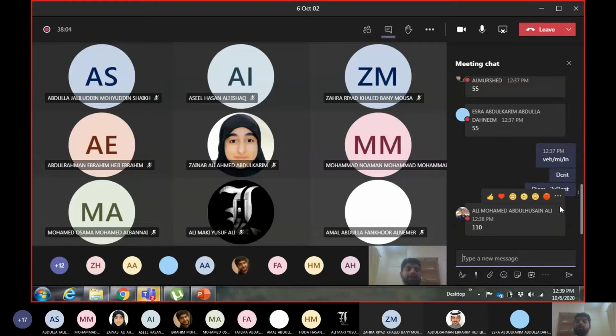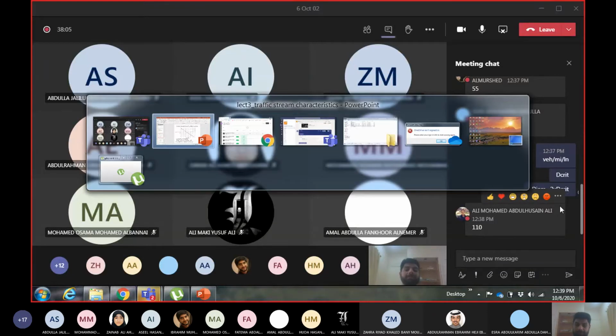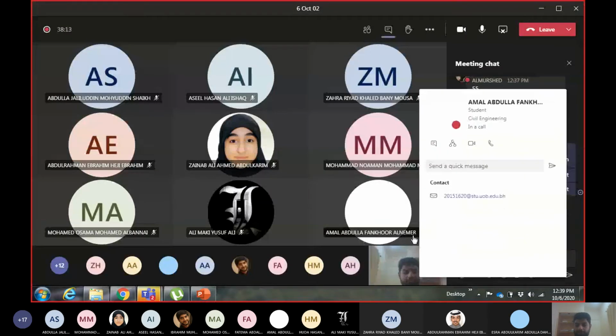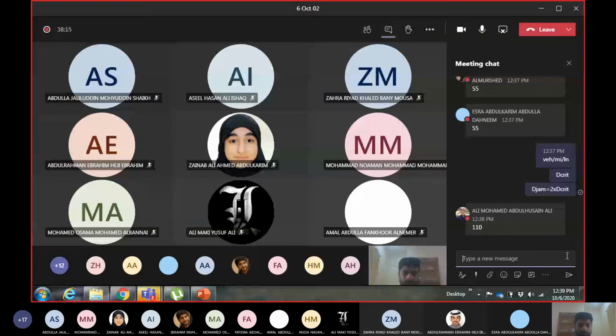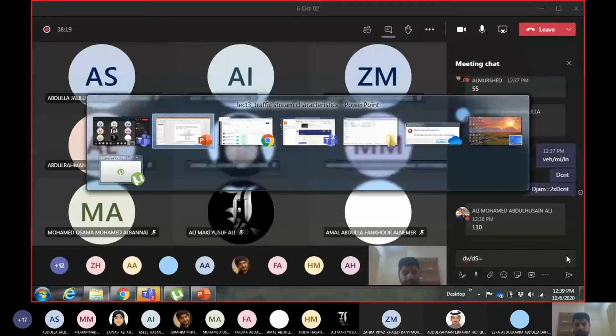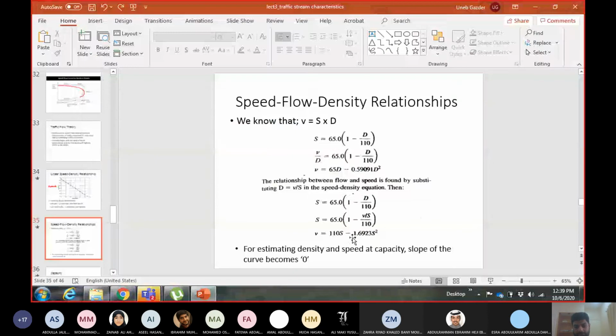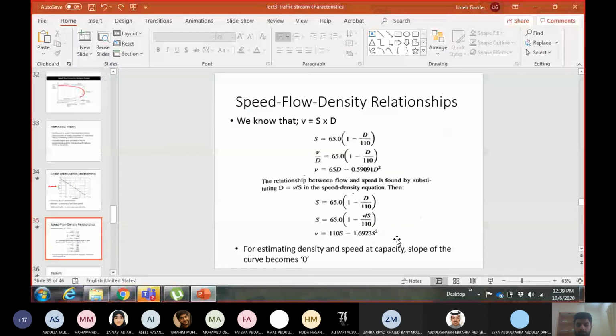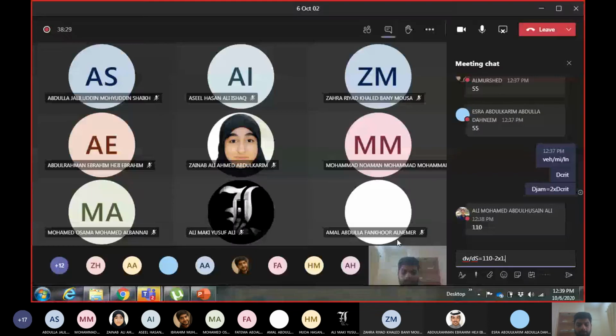Now let us find out critical speed. I will take the derivative of this equation. When you take the derivative dv/ds, you will get 110 minus 2 multiplied by 1.6923 into s.